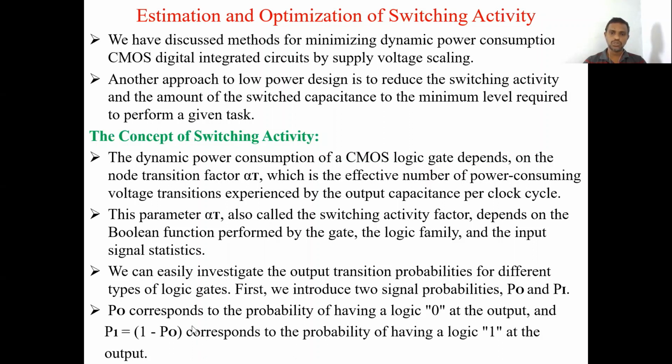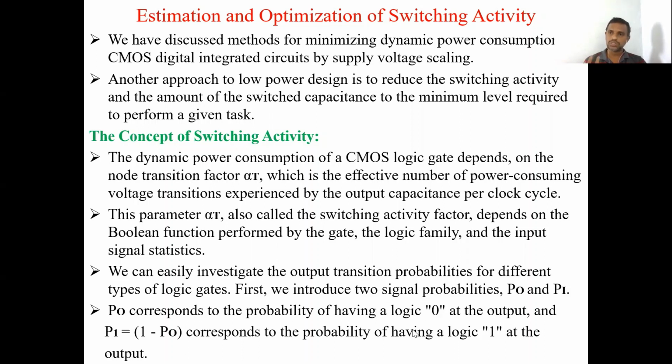So this is about the logic 0 and logic 1 output probabilities, the two signal probabilities, that is P naught and P1. Now we are going to use these P naught and P1 to explain the total output power consumption probabilities. Here the transition is taking place.